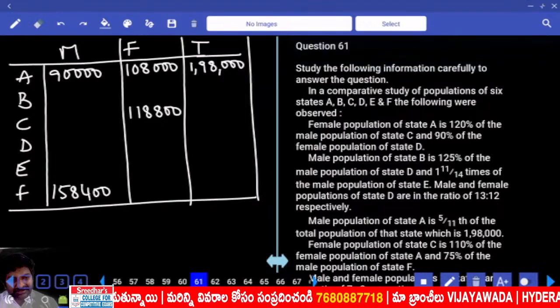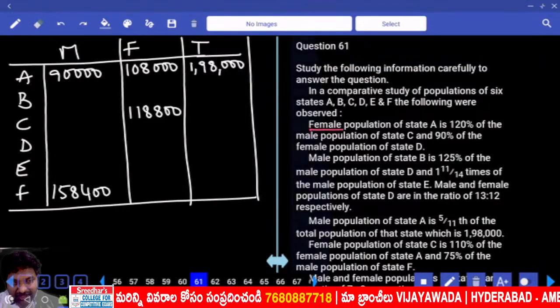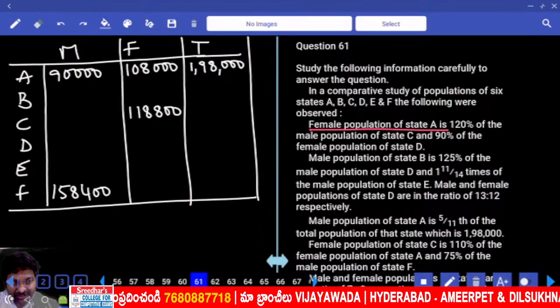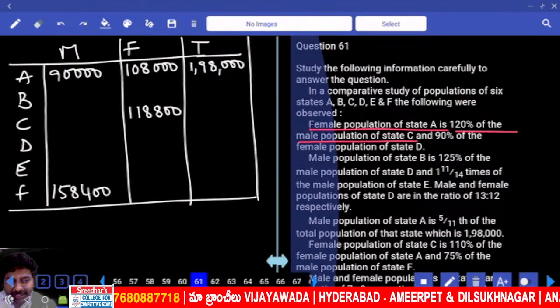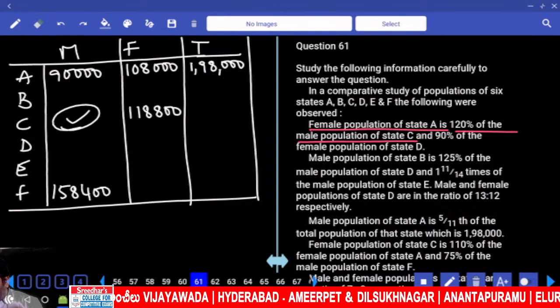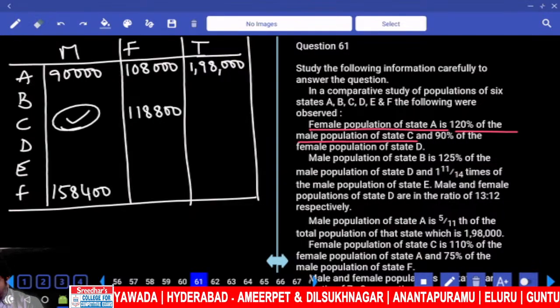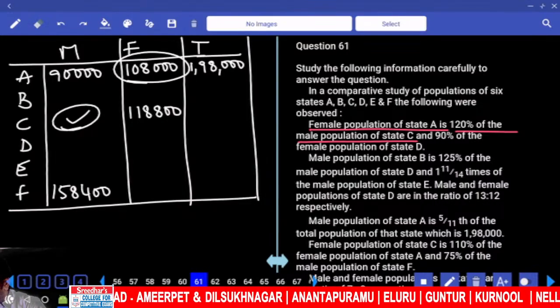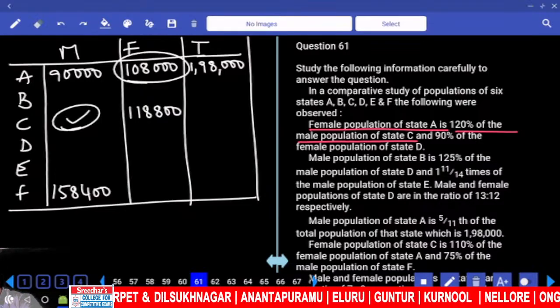Right, now let us go back and write numbers. Female population of state A, 1,08,000, is 120% of male population of state C. If male population of state C is 100%, this is 120%. Am I right? Forget about zeros there.